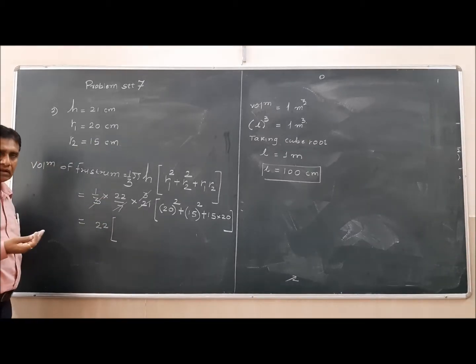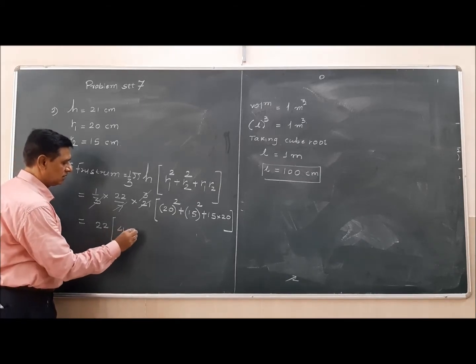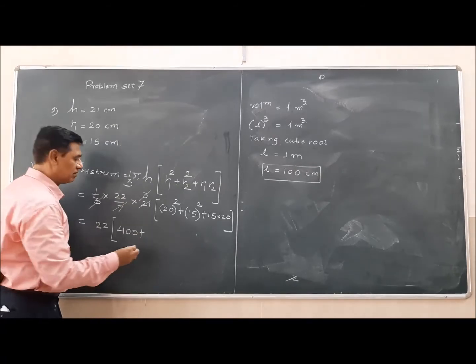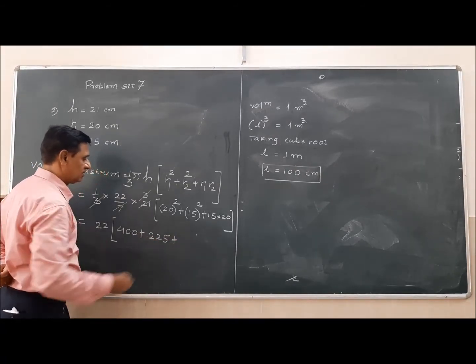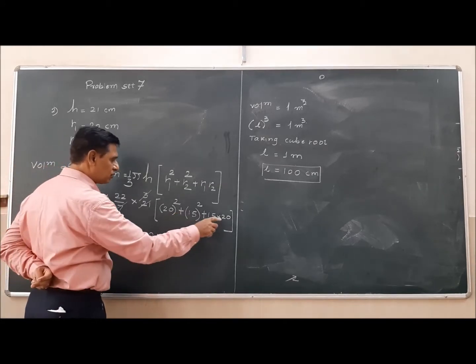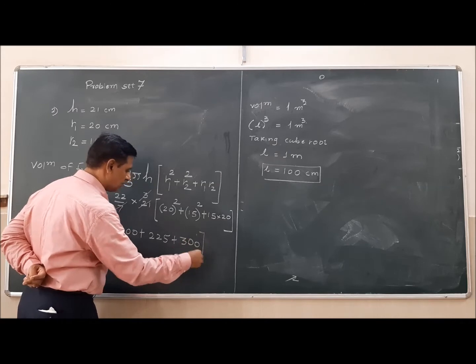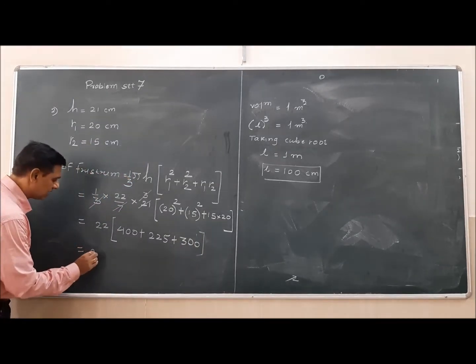So naturally we are left with 22 into the bracket. Now 20 square, as you all know, is 400, plus square of 15, which is 225, plus 15 twos are 30. So that will give us 300. Now, first of all, 22 as it is.